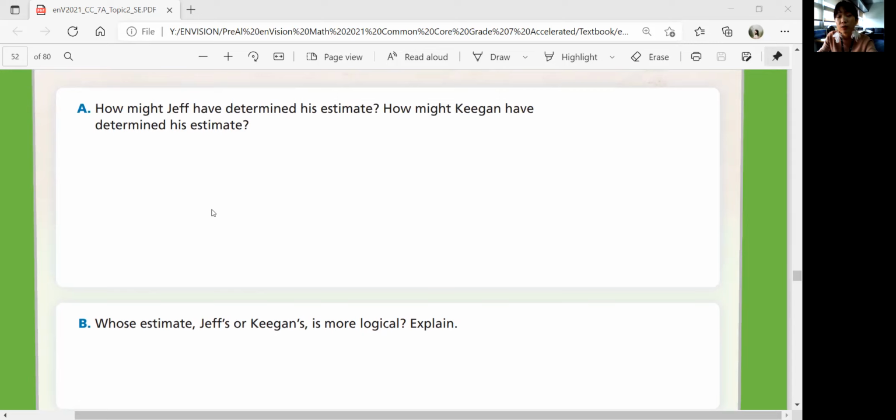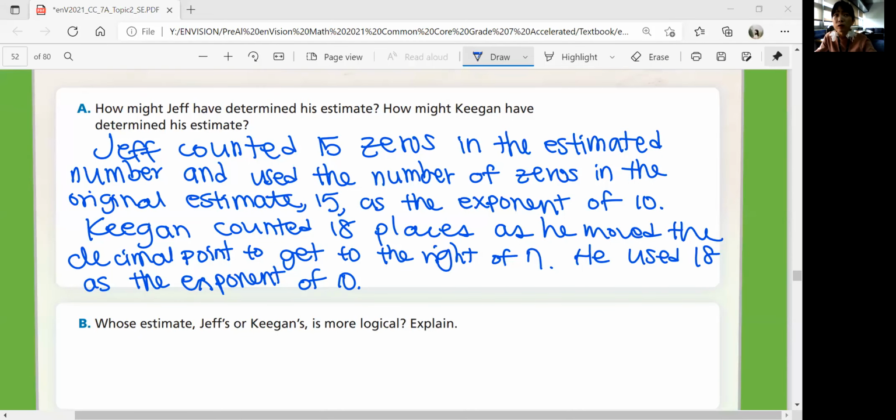Before we do that, let's write down and record what we have talked about. Again, Jeff counted 15 zeros in the estimated number and used the number of zeros in the original estimate, 15, as the exponent of 10. Keegan counted 18 places as he moved the decimal point to get to the right of 7.